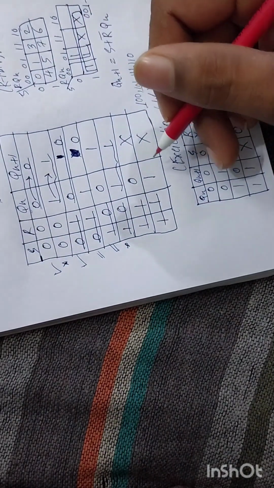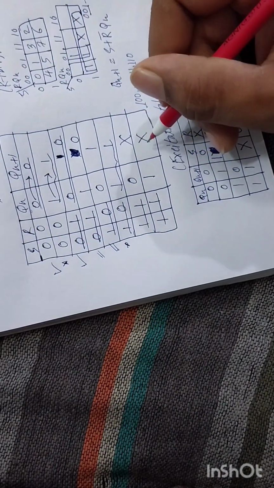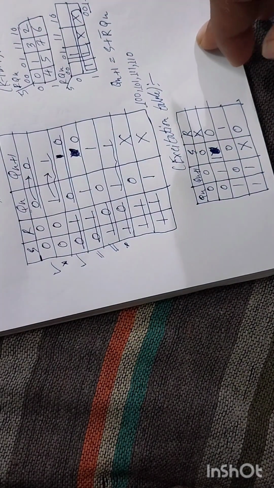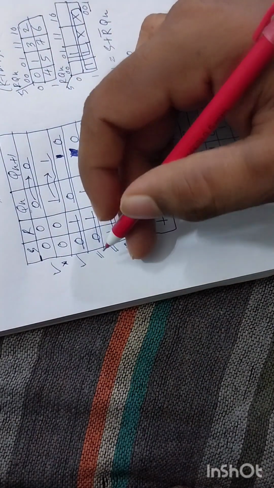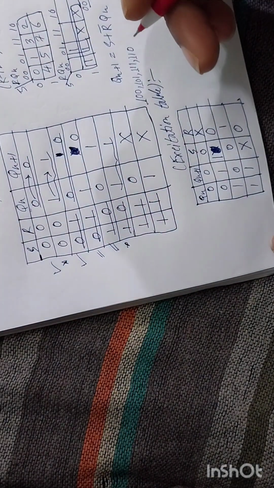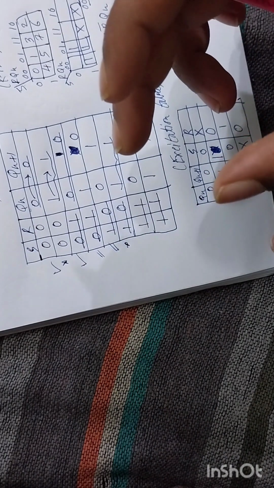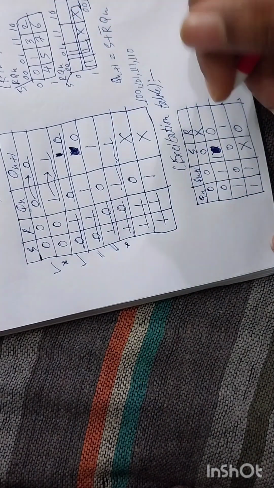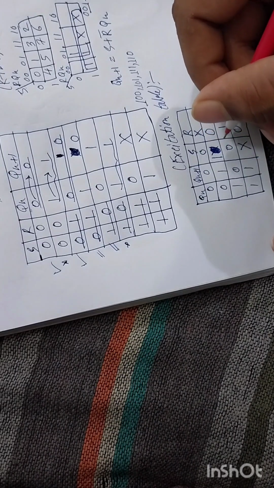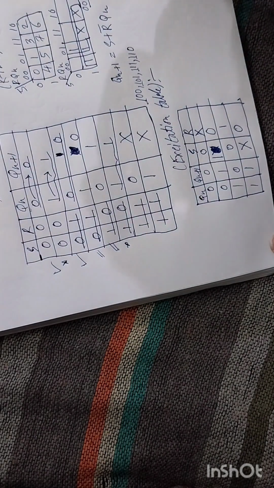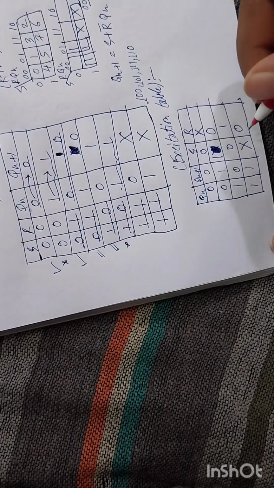We just have to avoid crosses here, we won't include that in our excitation table. So 6 rows are finished here. If any of the values are common between two rows, we will put the value. If the values are uncommon, then we will put a cross there. So the excitation table is this.